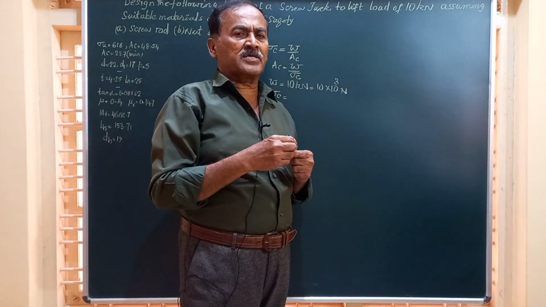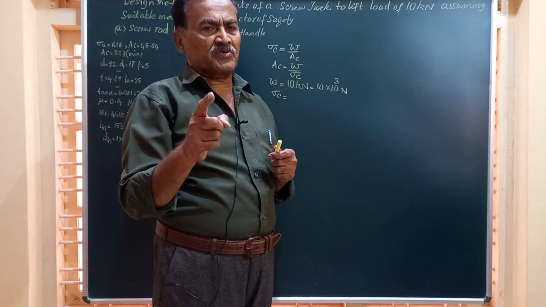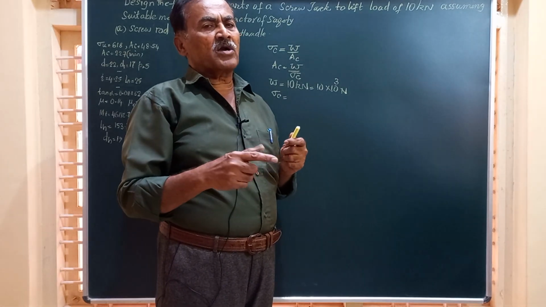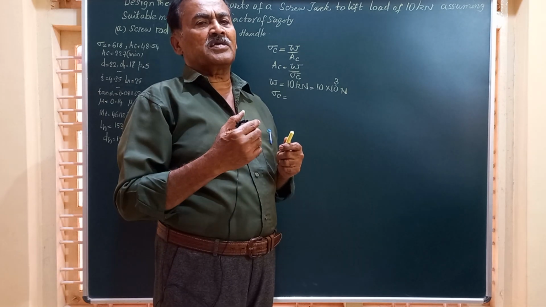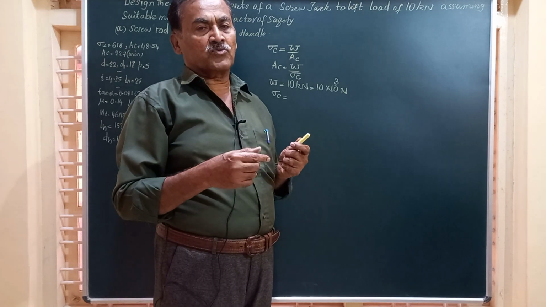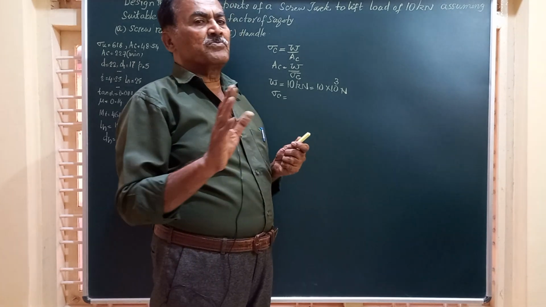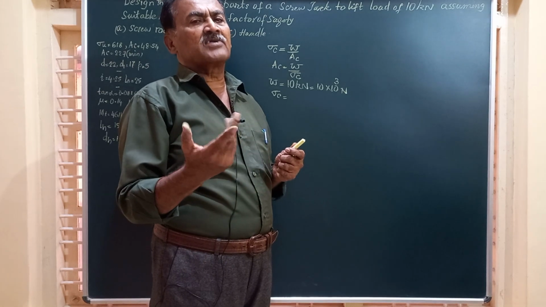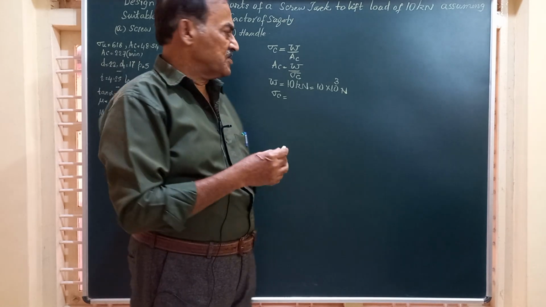In most cases, the value will be specified or the material will be specified. And here, they have not given either the value of sigma c or the material used for the screw rod. So we should be able to select some material. Generally, 40C8 or C45 steel rod, carbon steel, is used.